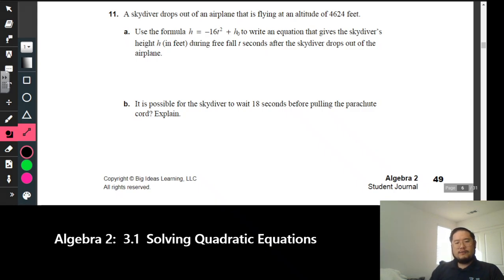So it says let's use the formula that's given right here. And if you think about the formula, my a term is negative 16. Okay, so what that should hopefully have you understand is that I have a downwards parabola. Okay, bottom line, my parabola is going downwards.